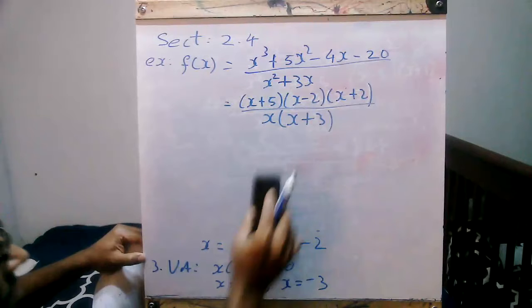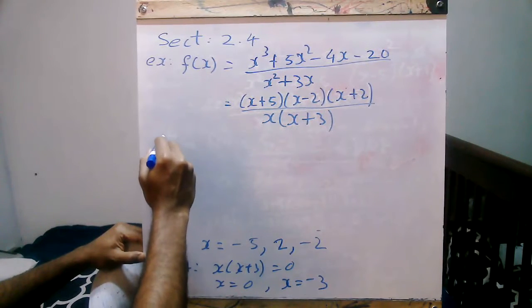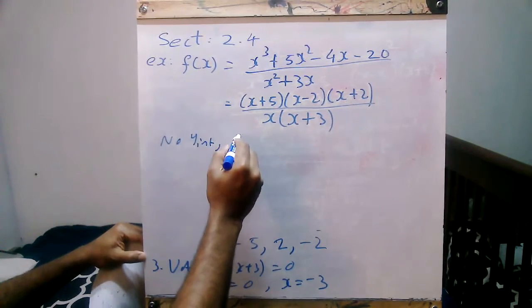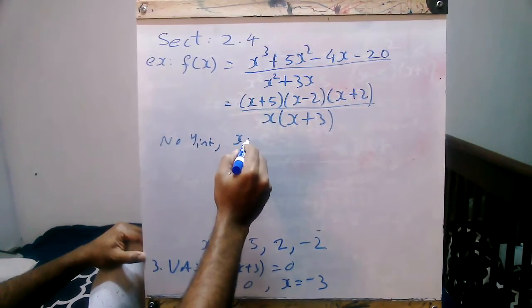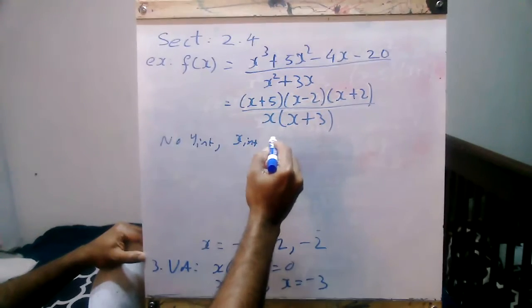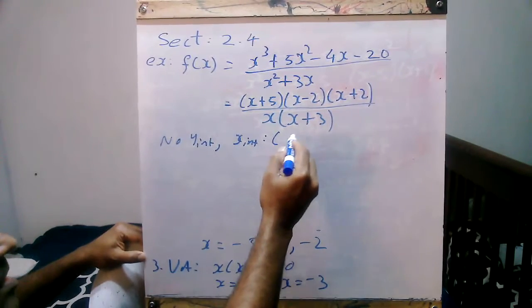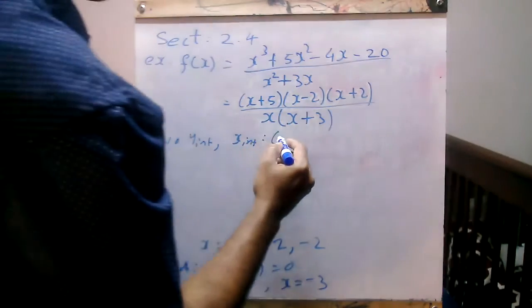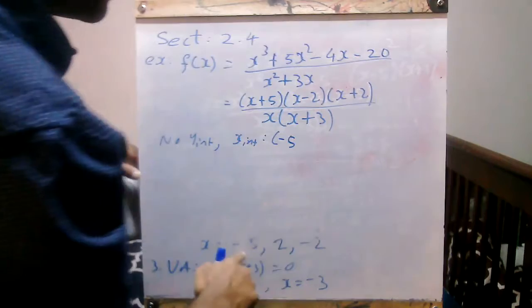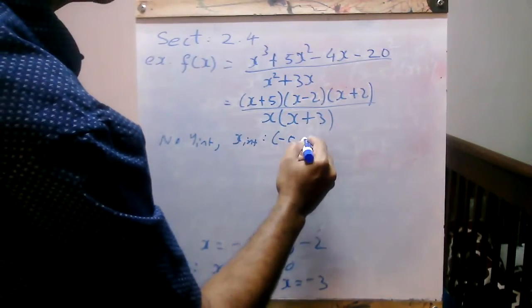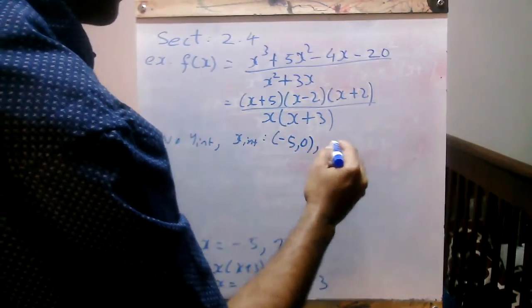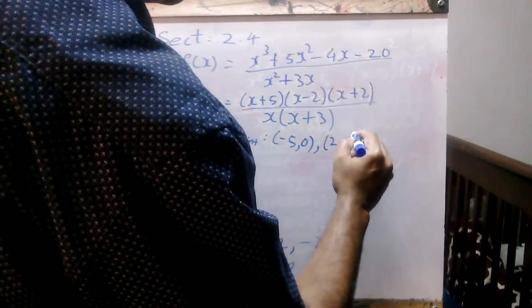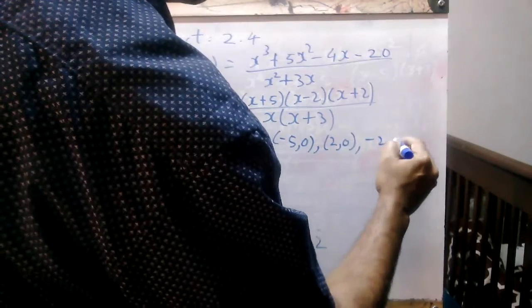So what we found: no y-intercept, x-intercepts at negative 5. From this we can write (negative 5, 0), (2, 0) and (negative 2, 0).